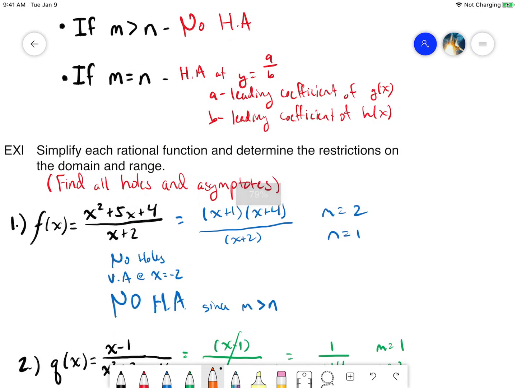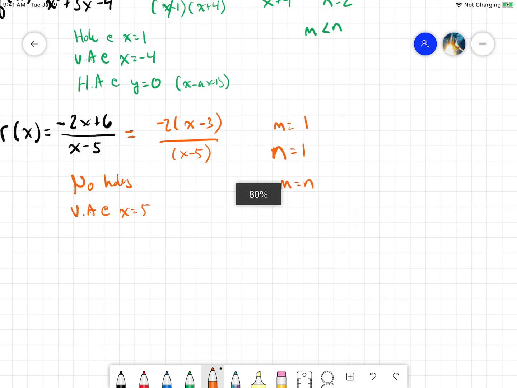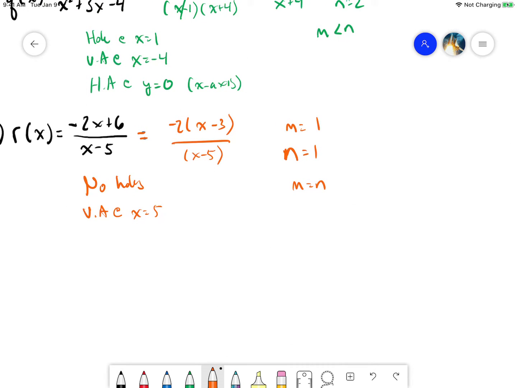That means that we have a horizontal asymptote at y equals a over b, where a is the leading coefficient of g of x and b is the leading coefficient of h of x. So essentially the leading coefficient of the numerator over the leading coefficient of the denominator. In this case, a would be -2, and b would be 1.